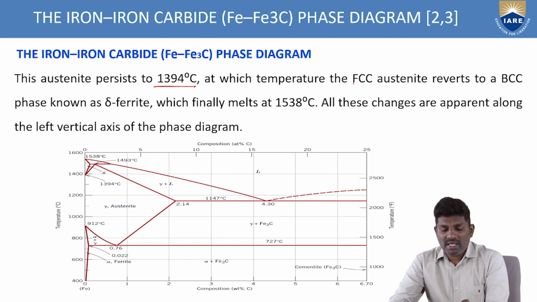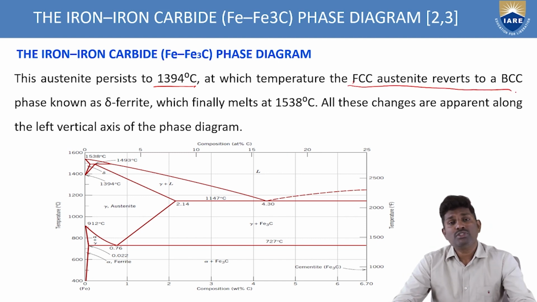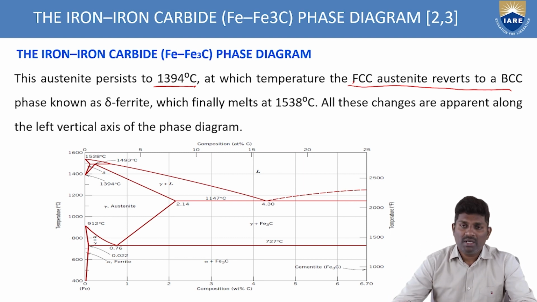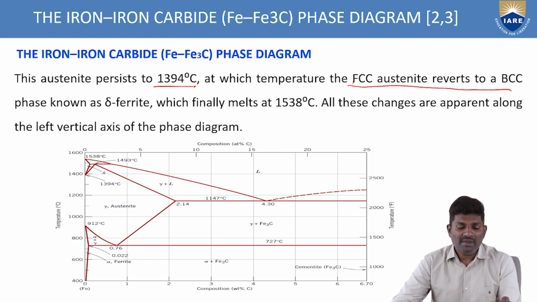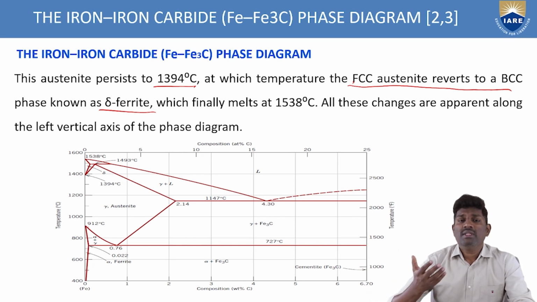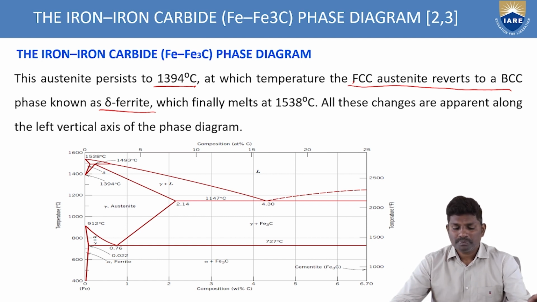Again it is coming back to its original type of crystal structure, which is known as delta ferrite. Initially it was ferrite, then austenite, then again delta ferrite. So this is how the microstructure develops during the heating of pure iron.